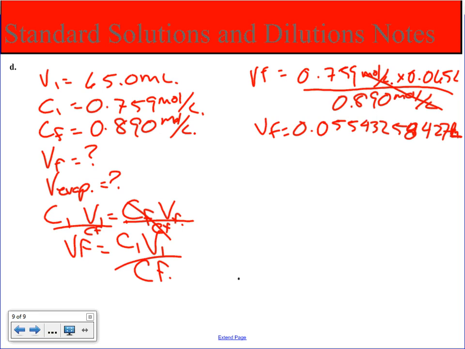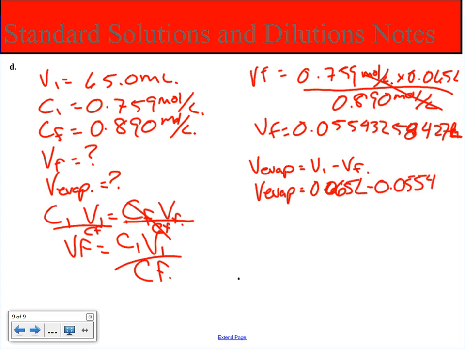So the amount evaporated can be found by subtracting the final volume from the initial volume. So volume evaporated equals the volume initial minus the volume final. So the volume evaporated becomes 0.065 liters minus 0.055432, etc. liters.